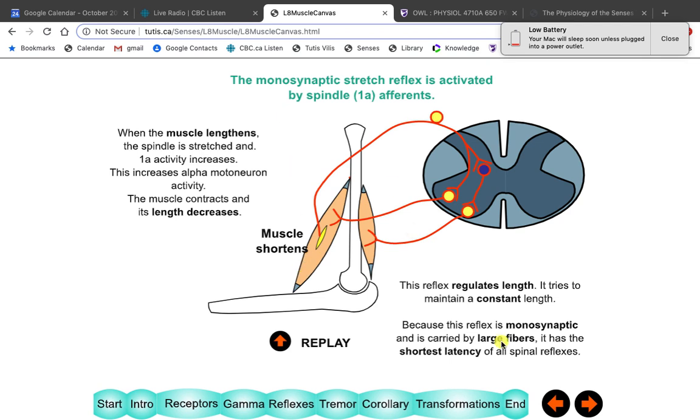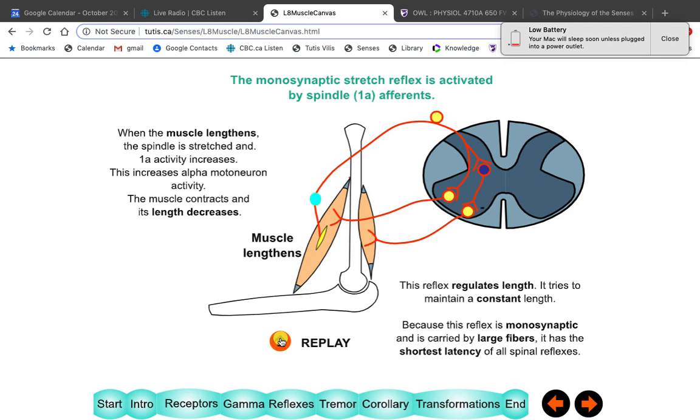Here is the monosynaptic stretch reflex, which is activated by the spindle 1A afferents. That signal comes from the muscle, goes to the spinal cord, and provides activation to these alpha motor neurons. Remember, these alpha motor neurons, I said, activate the muscle itself. So what happens?